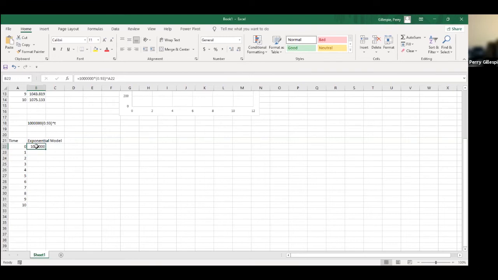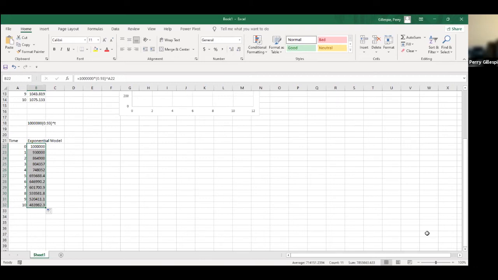So it has to look like this: 1 million, multiplication symbol, open parenthesis, 0.93, close parenthesis, caret, A2. So now we just drag it down and we have our other values here. Any questions?